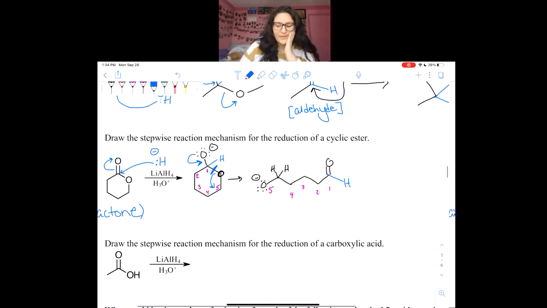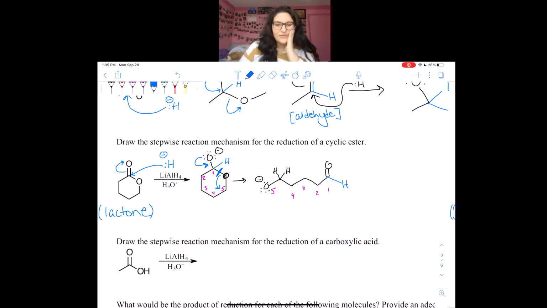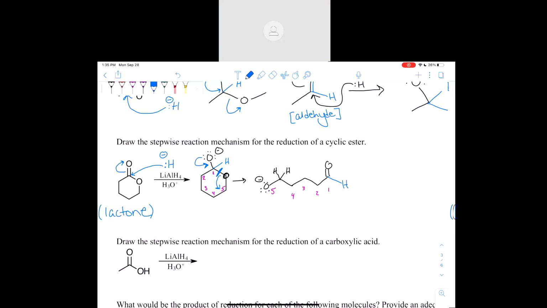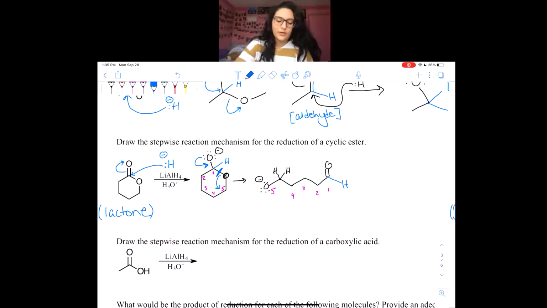And on the other side, we have an aldehyde. You could do this one of 2 ways, whichever makes sense to you. We know that we have to protonate the negative charge, but we also know that we have more H minus in solution, and it's going to attack this carbonyl again. So what I like to do for simplicity is do that attack one more time and then protonate everything at the end.